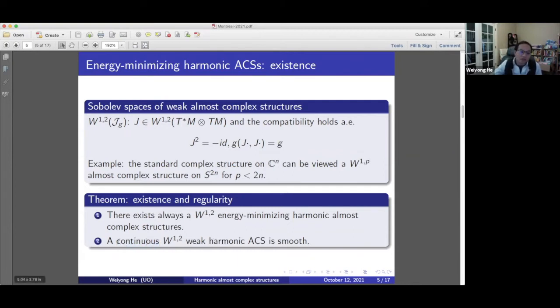Even continuity is not needed: locally, if the oscillation is very small, then that's enough. The trouble is that this J compatibility condition tells us J is W^{1,2} and pointwise bounded, but locally it can still be a function with very large oscillation. So that will cause the singularities. Any questions so far?